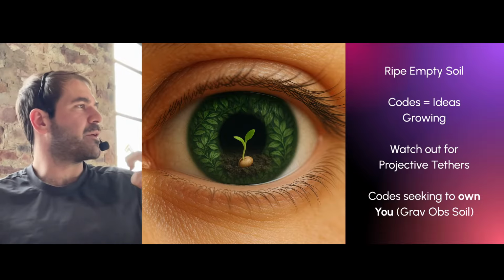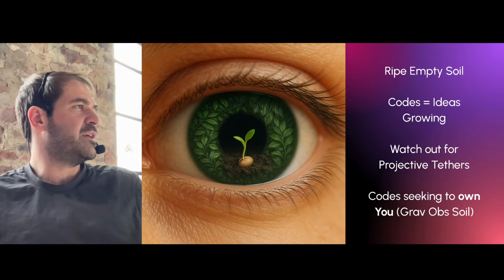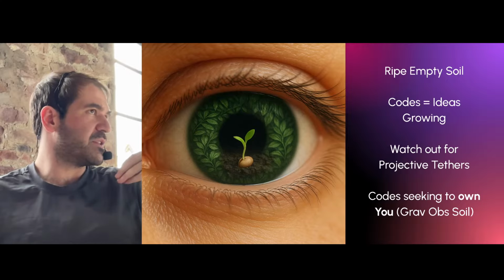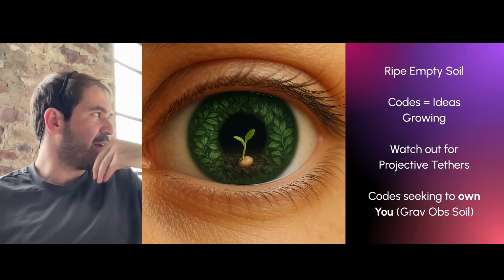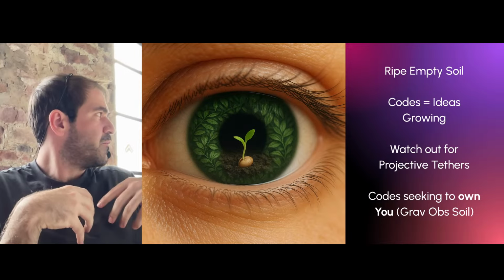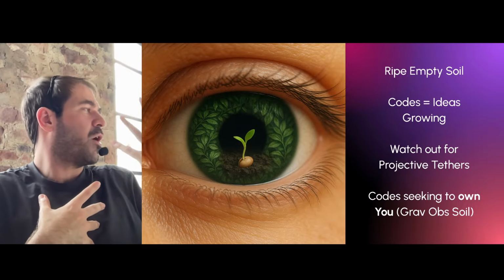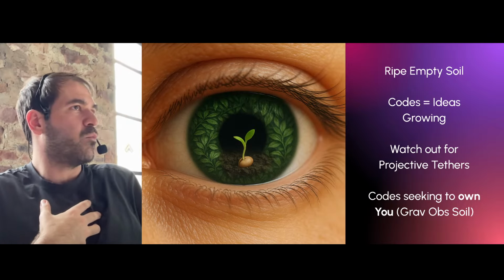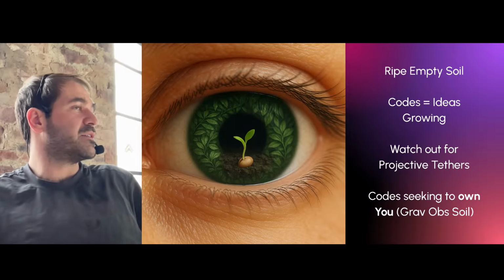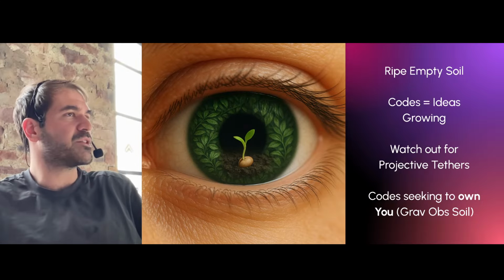And if that gravitational observer doesn't have mastery, its ability to intake that quantum code, that little seed, into its little soil, and to have it take root in its portal and start holographically rendering whatever that seed's intention is, you're more susceptible to that if you don't have mastery over how you work.